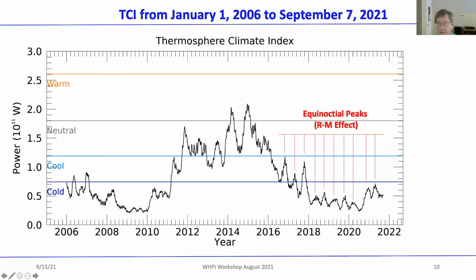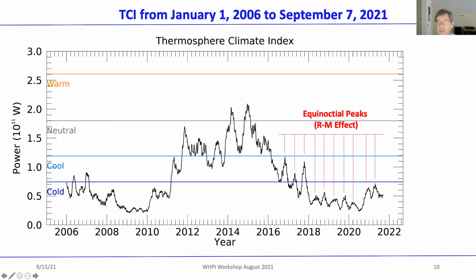And we see it very clearly here in the last solar minimum, primarily because there hasn't been as much other activity, as many geomagnetic storms, as there was back in 2008, 2009, and 2010. So these 6-month peaks really stand out very nicely here. Again, they're present through the 20 years of SABER data. They're present all the way going back in the TCI, but this is the most clear exposition of these peaks that you see. And I think this little bit that's coming up here, we're coming into the equinoctial time again.